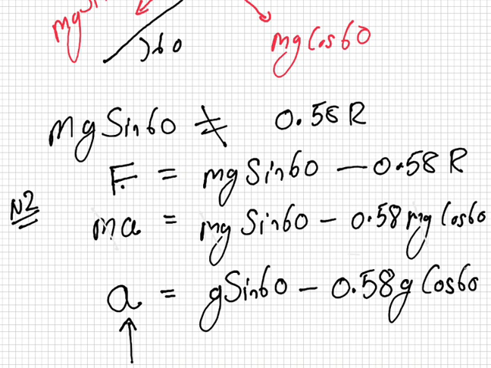Now does it say g is 10 or 9.8? Yes, it's 10. Does it say 10 for all the questions? Yes. Okay, cool. So it's 10. So what do we get for a? 5.8 meters per second squared.